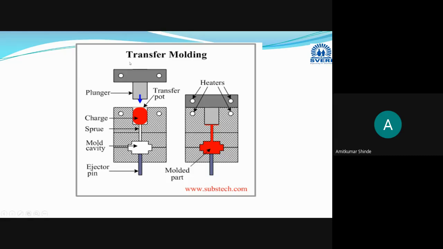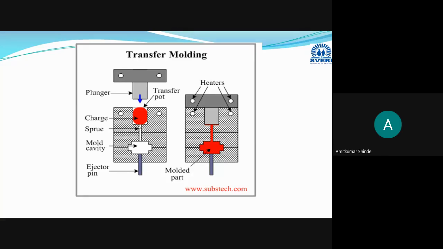Now in short, you can say that transfer molding is a combination of injection and compression molding. From this transfer pot, we are injecting the charge into the mold cavity, and with the help of this plunger, pressure is also applied.